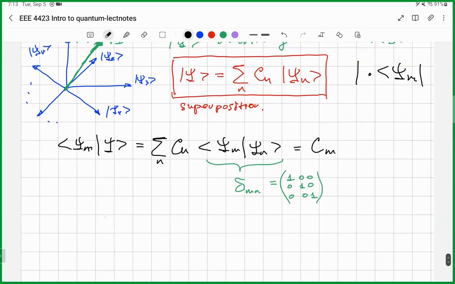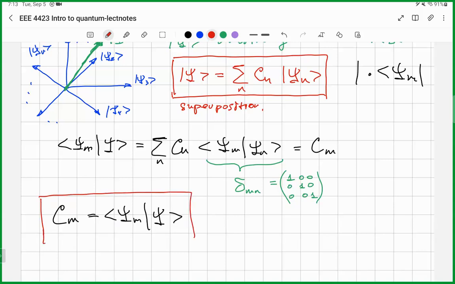So for the projections, we indeed get this construction, which denotes the projection of a vector psi on the corresponding basis vector. It's exactly the same as what we are used to in vector analysis. Okay, so this is how we obtain these components.